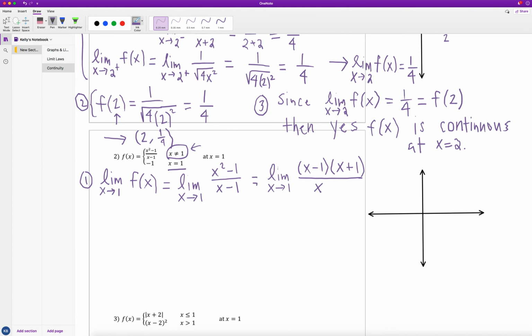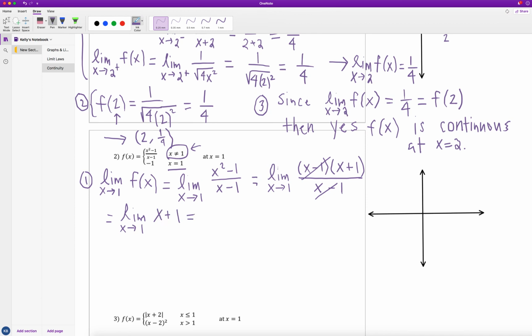Now in the denominator, I can't factor it, so I'm just going to rewrite the x minus 1. Conveniently, the x minus 1s can cancel again, and I'm truly looking at the limit as x approaches 1 of x plus 1.